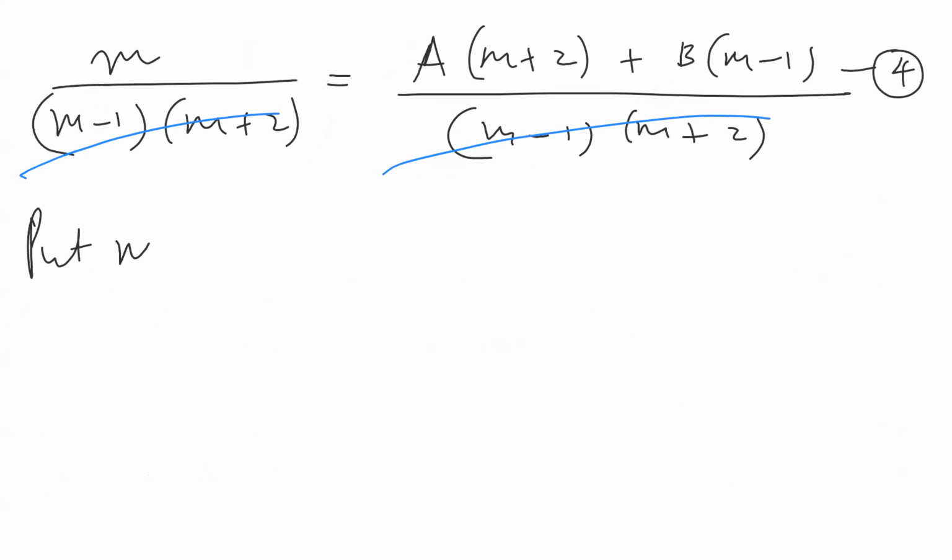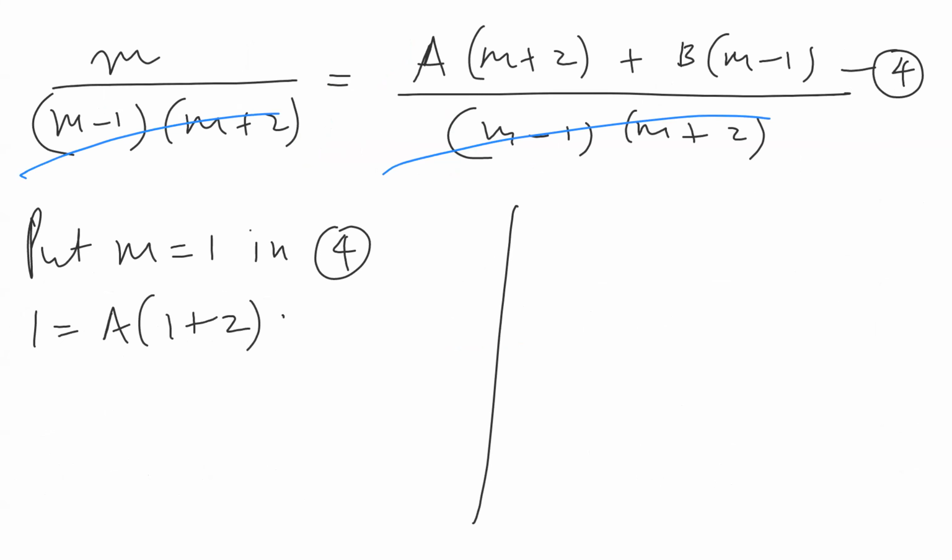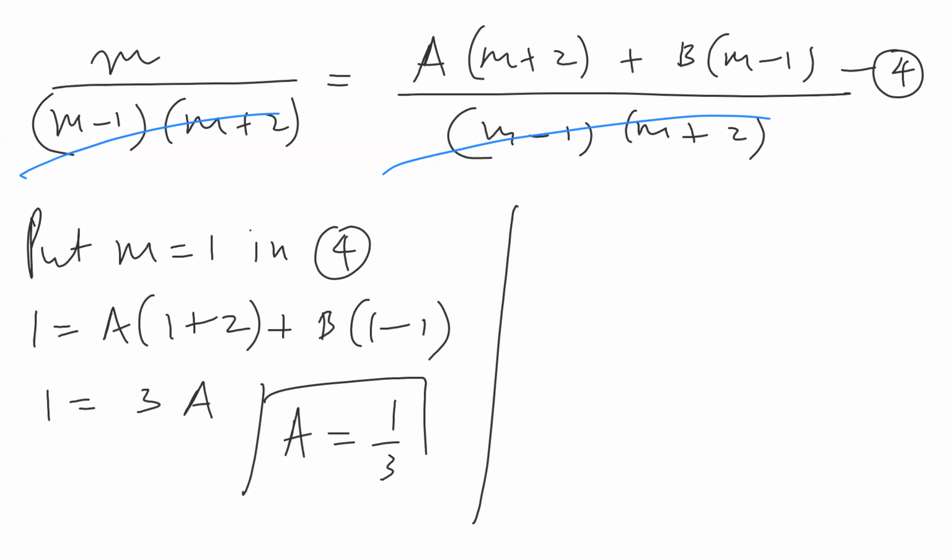So 1 is equal to a into 1 plus 2 plus b into 1 minus 1. 1 is equal to 3a. A is equal to 1 by 3.